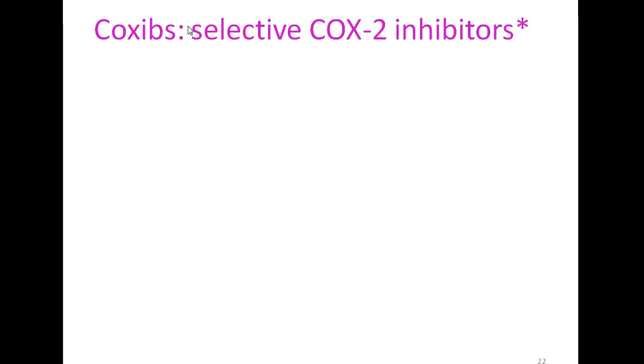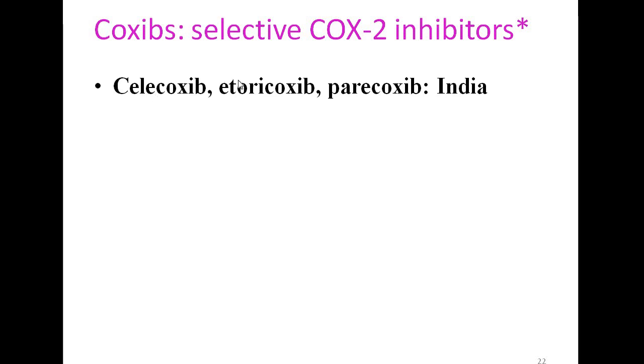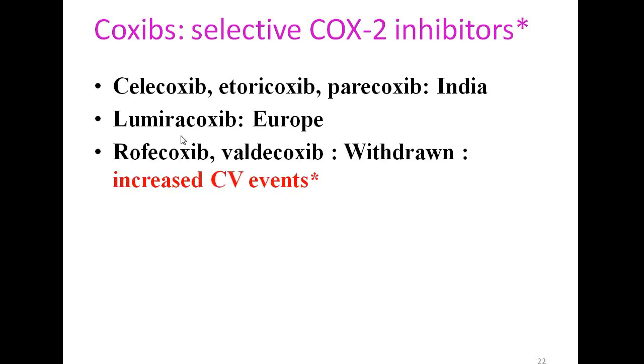Now coming to the selective cyclooxygenase 2 inhibitors, as is marked here, is a 5-mark question. These are called the Coxibs. Celecoxib, Etoricoxib and paracetamol are available in India. Lumaricoxib is available in Europe. Rofecoxib and Valdecoxib have been withdrawn because an increase in cardiovascular events like arrhythmias, myocardial infarction was noticed.